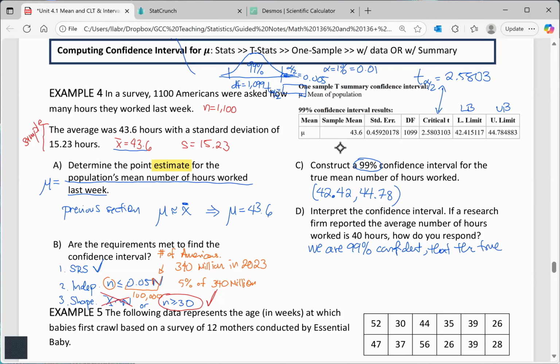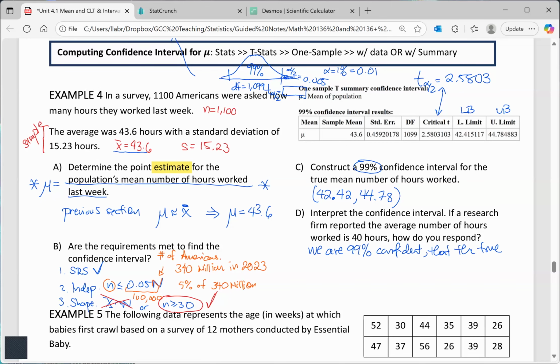We have the information right here. We were trying to make a claim regarding mu. So it's the true population mean number of hours worked last week. I guess I should emphasize that this is only for Americans, right? Because that's where my sample was.